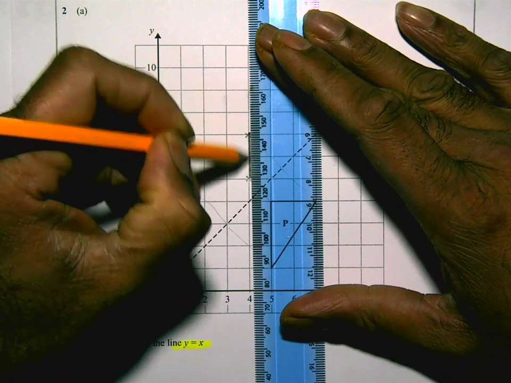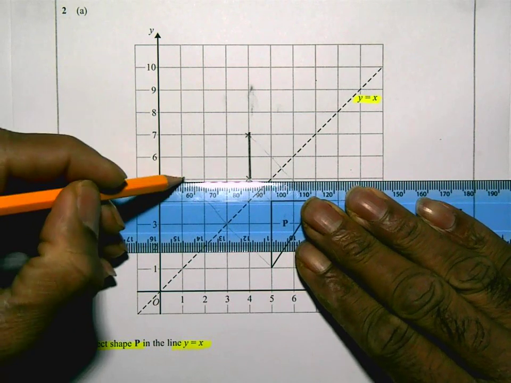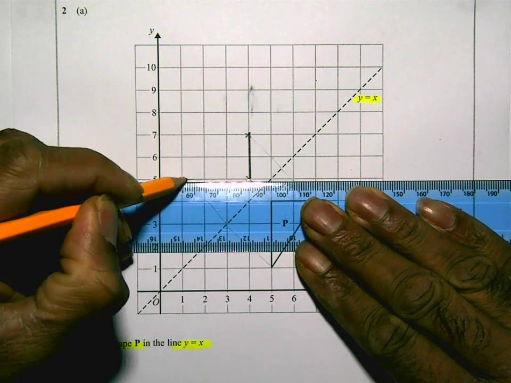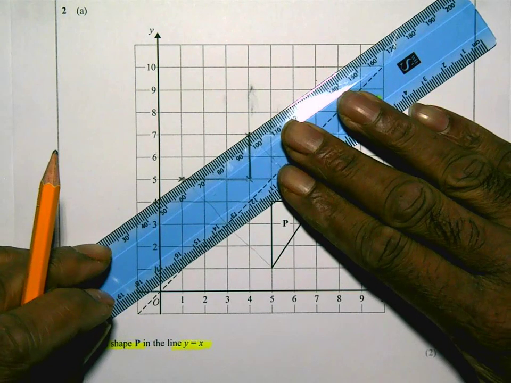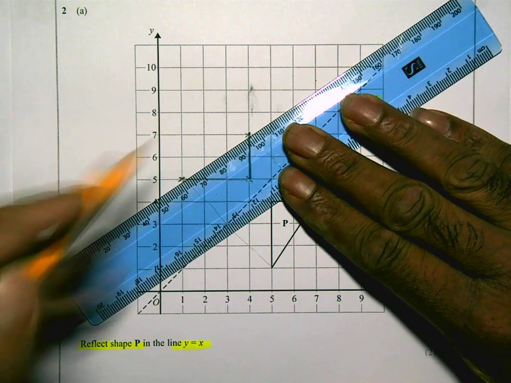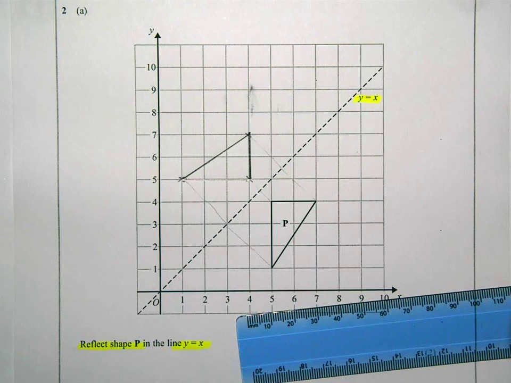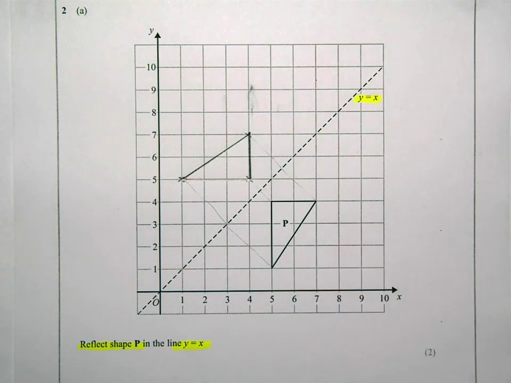It's one line, there's my other, and there's my third, and that's my reflection of the shape P in the line y equals x.